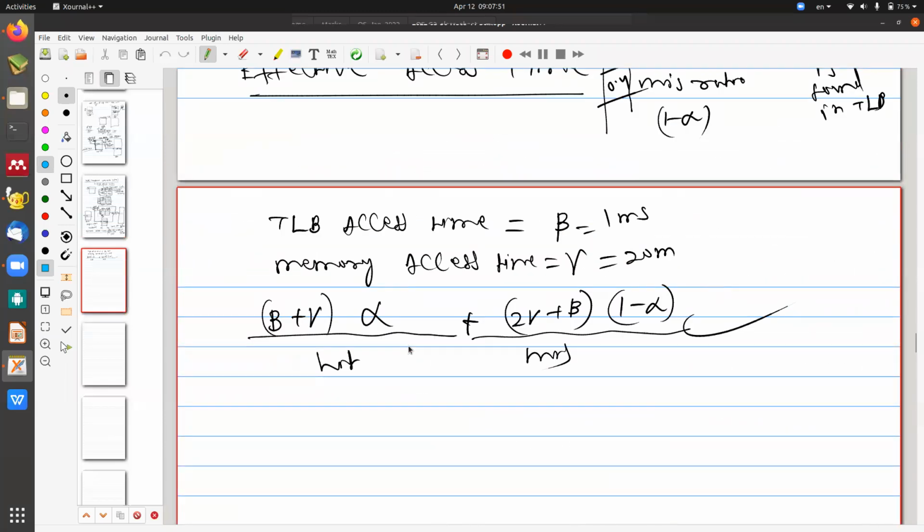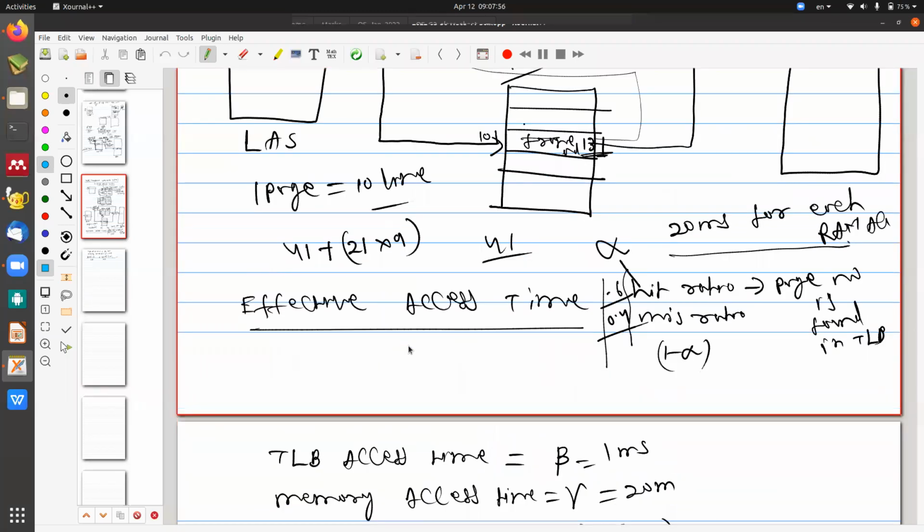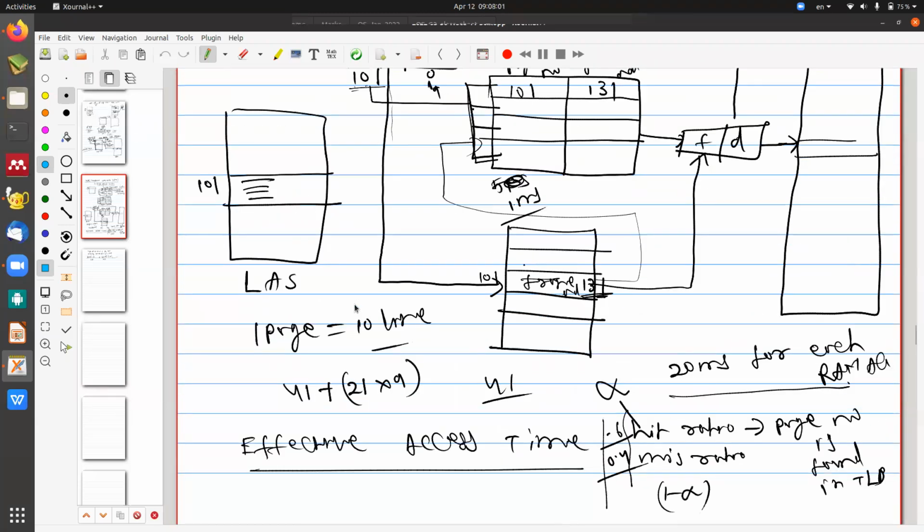Assume we do one small program. Suppose there is a page having 10 lines and a program having 13 lines, and the whole 13 lines are in a continuous manner and there is no looping involved.